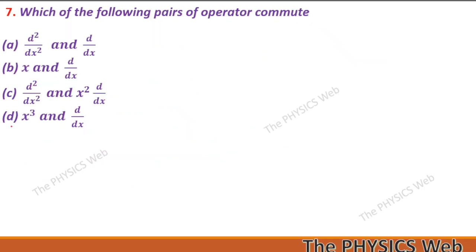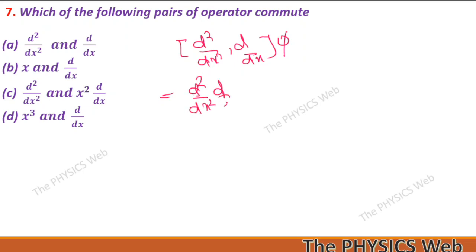Next, question number 7. Which of the following pairs of operators commute? Okay, so you can check the options. Let us check option A. Okay, so d square by dx square and d by dx. Let this act on a function phi. So this will be equal to d square by dx square of d by dx phi minus d by dx of d square by dx square phi.